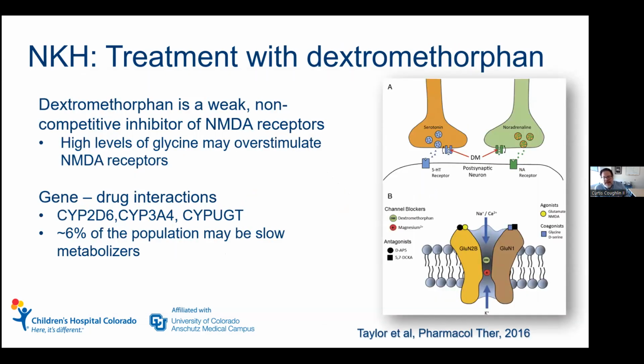The other medication we tend to use in patients with NKH is dextromethorphan. We know that glycine can overstimulate NMDA receptors, and dextromethorphan has been used for decades now in patients with NKH.